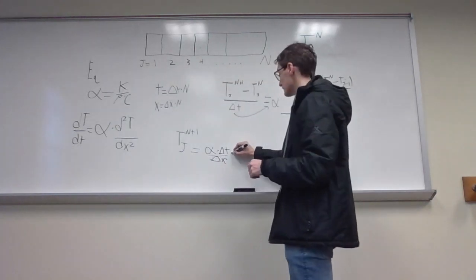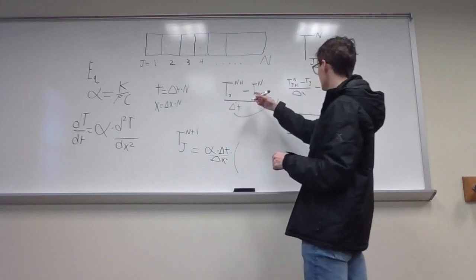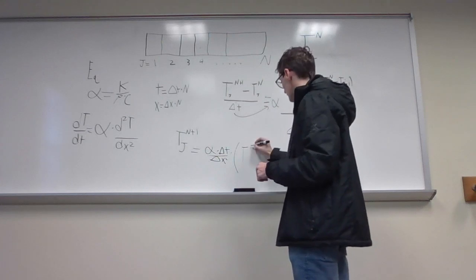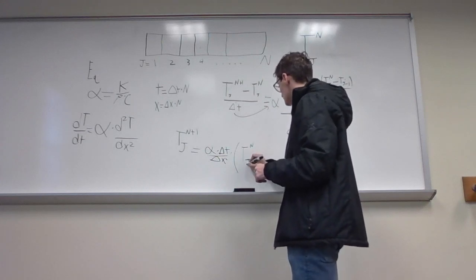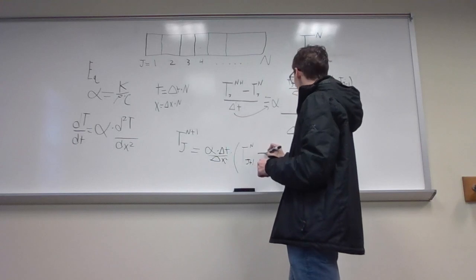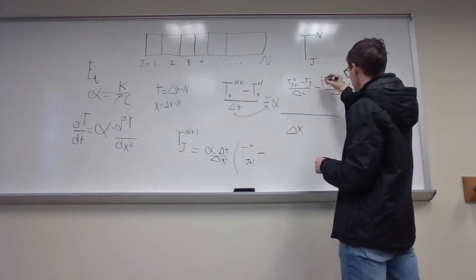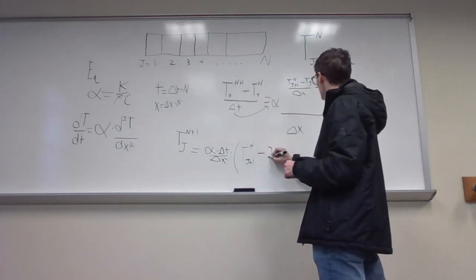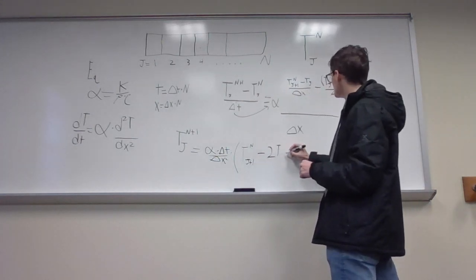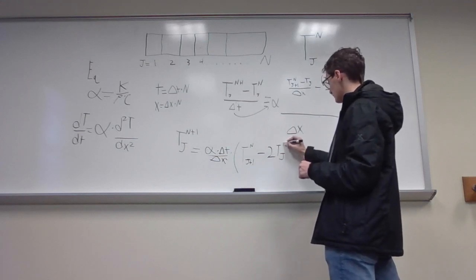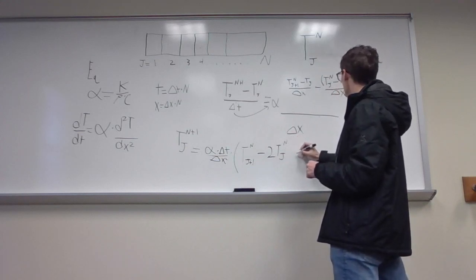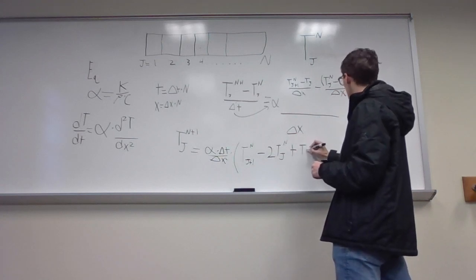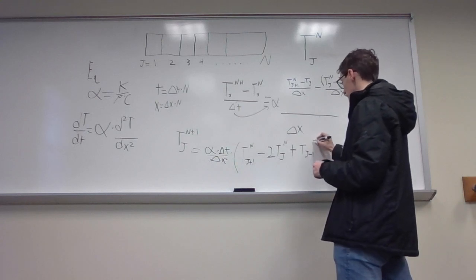Then we're going to multiply this by, so we have n plus 1, so we're going to do T, n, and this is j plus 1, minus, because we have negative, so plus negative, and then we're going to add this across, minus 2 T j n plus T j minus 1.